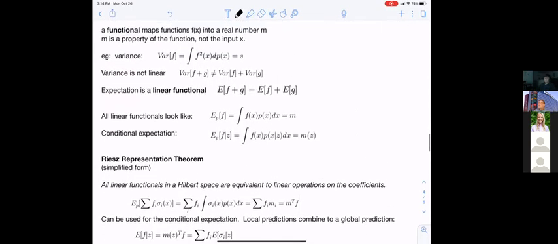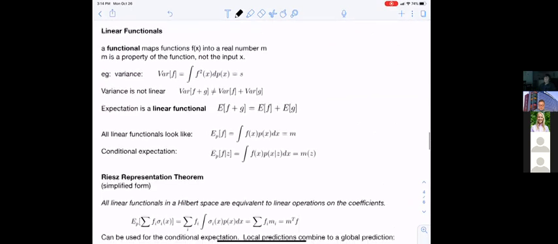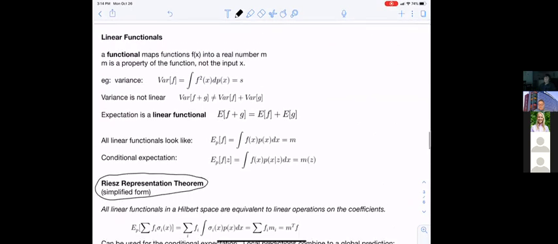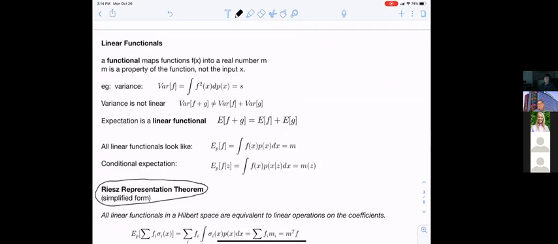The last thing I wanted to talk about here, just in terms of the math, is the Riesz representation theorem, which applies to something called linear functionals. This takes me back to something I believe I did in the first or second lecture, which is looking at the expectation operator. If you remember, a functional is something that maps a function into a number, into a scalar.